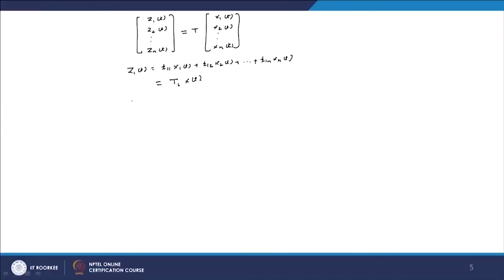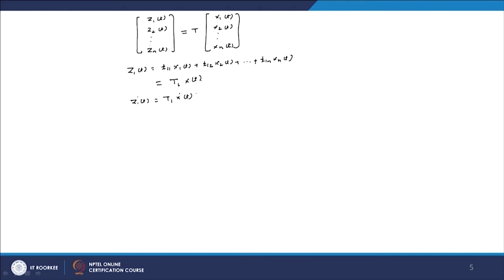Now, we have seen that there are different states. So, if you want z2, what we have to do? We have to take the derivative of that state. What happens if you take z1 dot of t, that gives you z2 of t. So, here we take the derivative on both sides. So, we will get z1 dot t equal to T1 into x dot t.